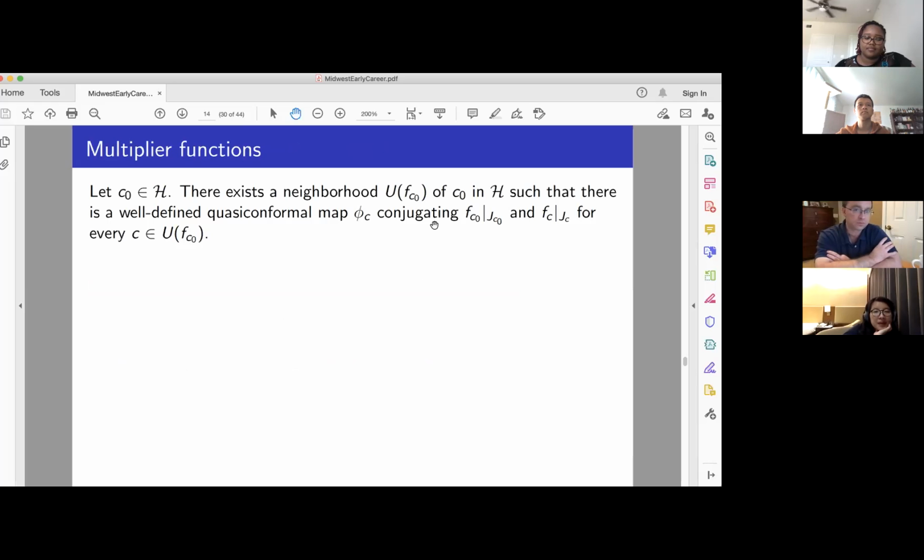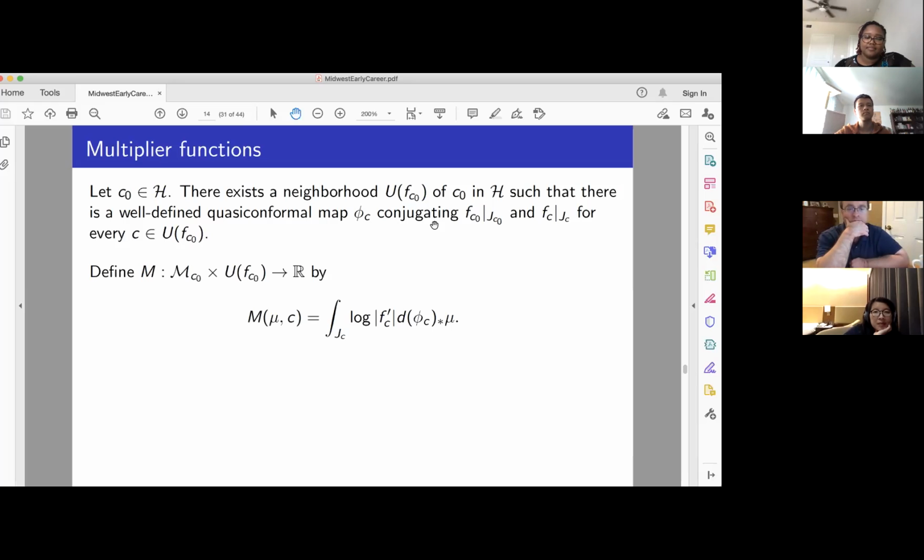Now, if we take a point C sub 0, you can think of it as a base point in the hyperbolic component, then there exists a neighborhood, which I denote by U, of C0 in the hyperbolic component, such that there's a well-defined quasi-conformal map conjugating the dynamics of F_C0 to F_C for every C in the neighborhood of C0. This quasi-conformal map basically comes from the holomorphic motion.